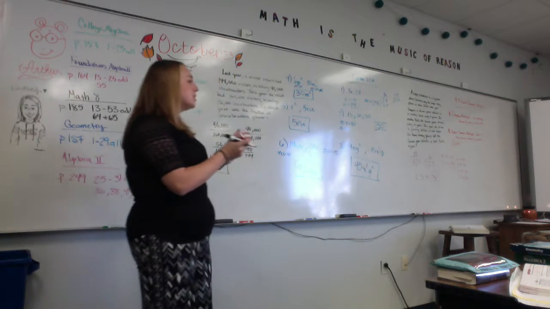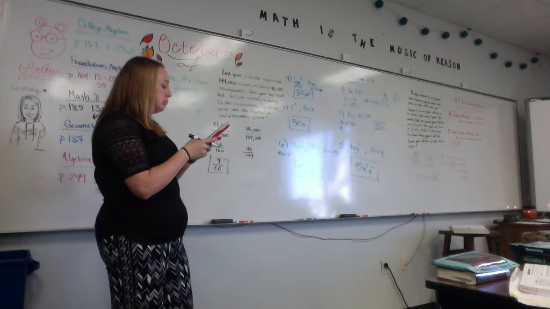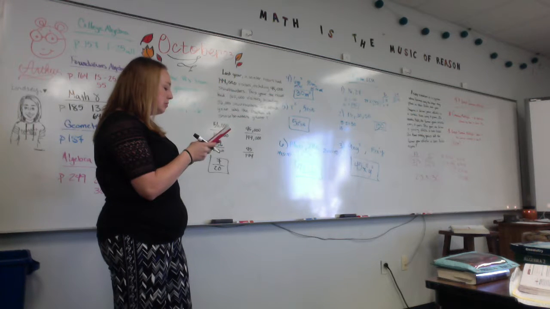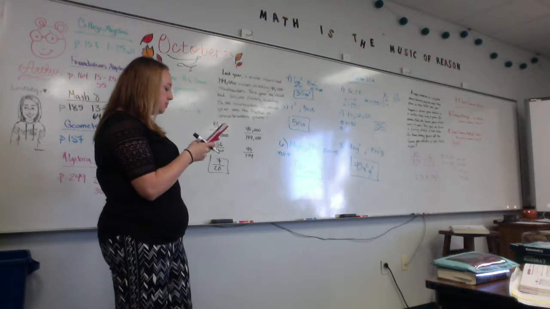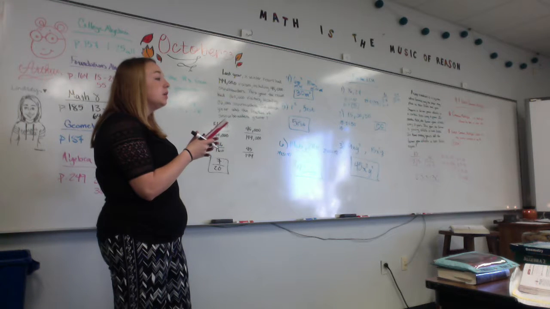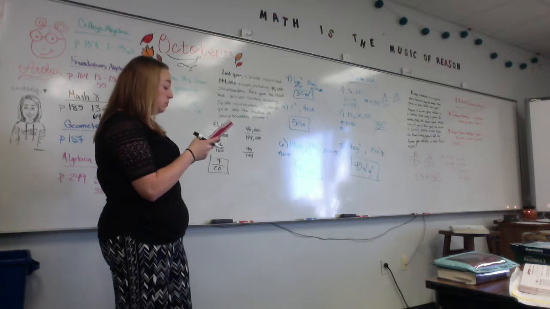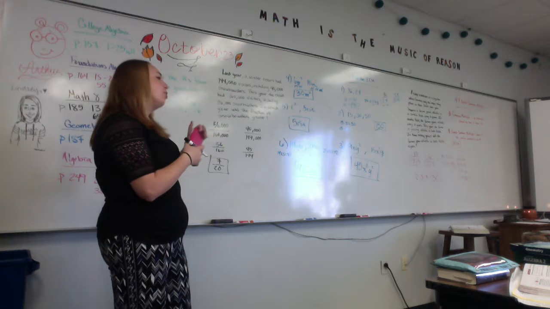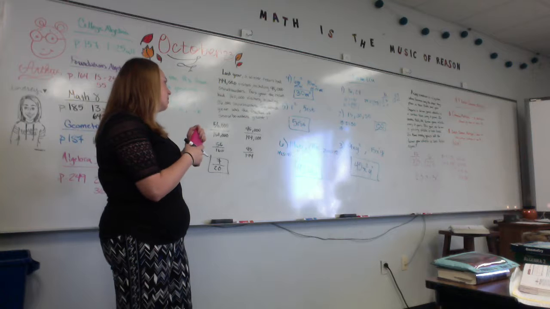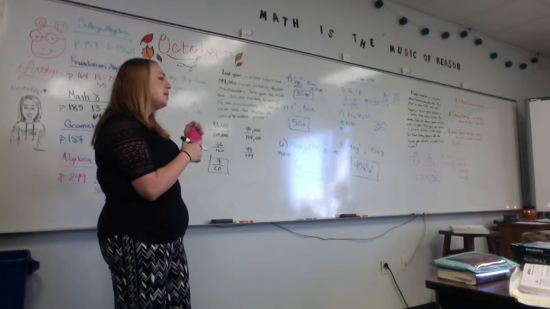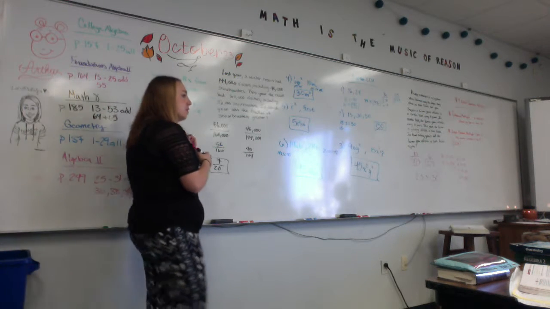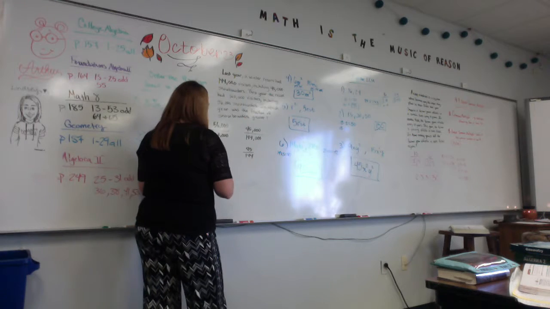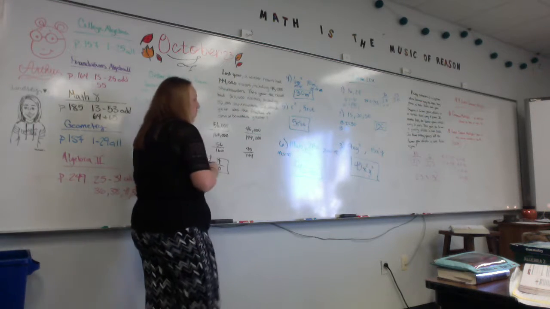45 and 144. Does that reduce anything? Yes. Wait, does it? No. Let me think. Can 3 go into both of those? Yes. 3 goes into 45 how many times? 15 times.